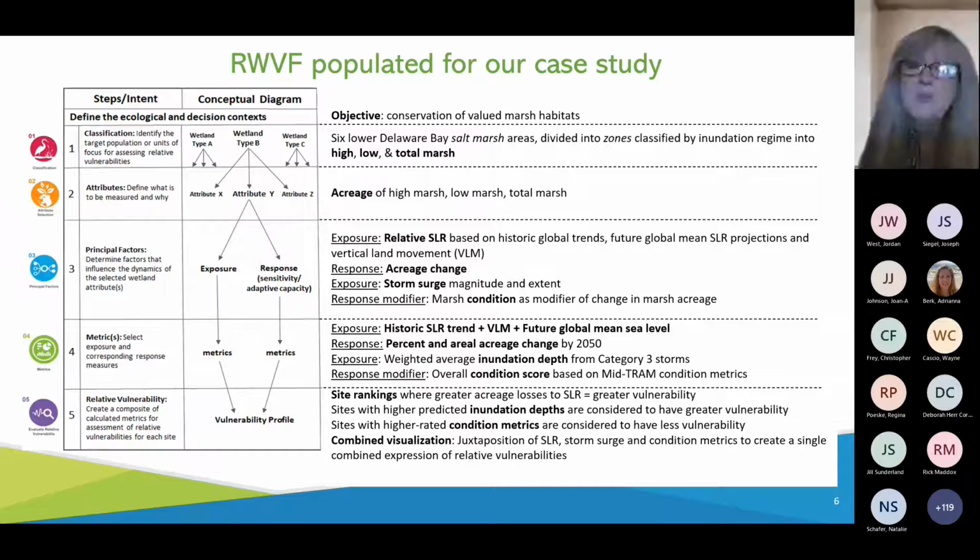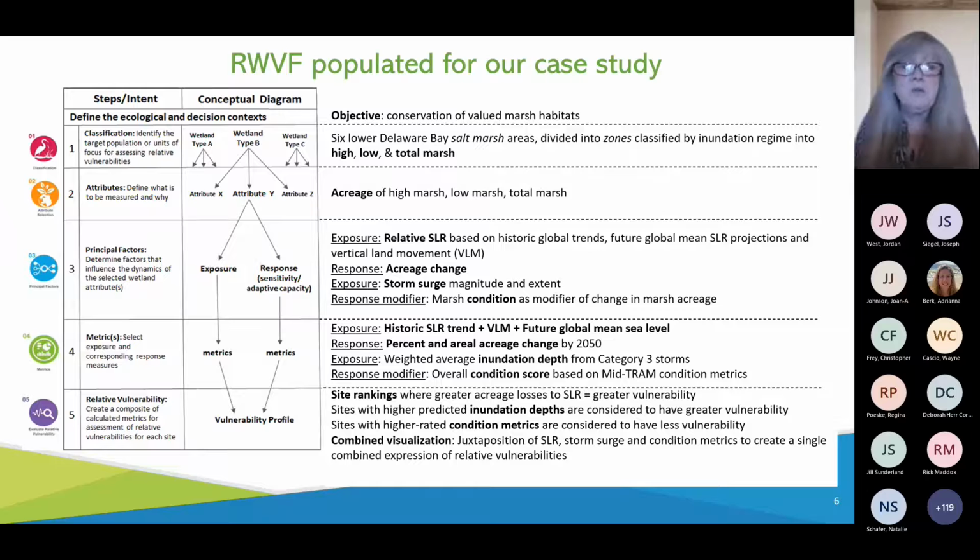And the third was to manage total marsh for flood and storm surge protection. So in that context, with classification and management, we set our attribute as salt marsh acreage. That was the response we were looking for, but specifically in high, low, and total marsh.